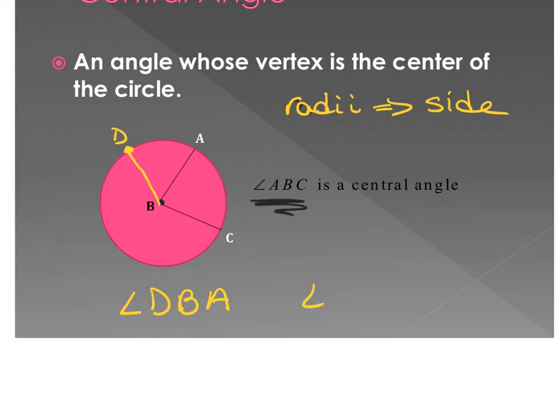I could also say angle DBC is also a central angle. Notice all of these central angles have B as the middle letter, indicating that that's the vertex, which is also the center of the circle. So the radii form the sides of the central angle.